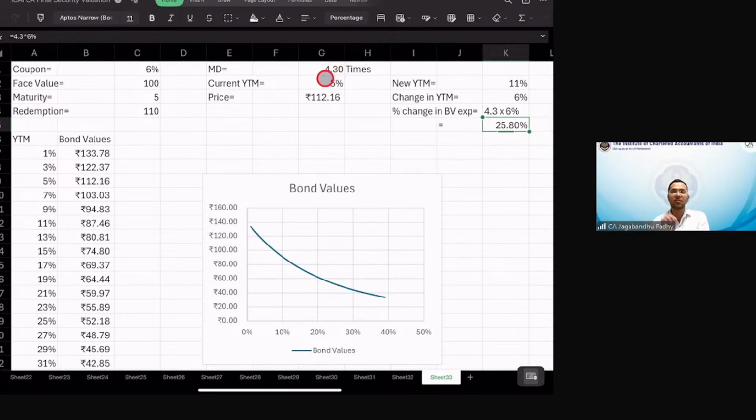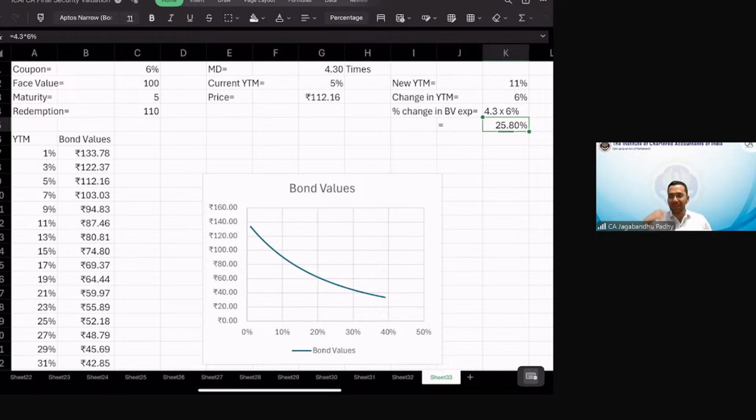That modified duration of 4.3 was indicating the sensitivity of bond value with respect to YTM. So if YTM is going to change by 1%, the bond value was supposed to change by 4.3%. So when I'm going to change the YTM by 6%, of course, the percentage change in bond value expected will be 25.8%. Now, is this going to be an upward change or a downward change in the bond value?